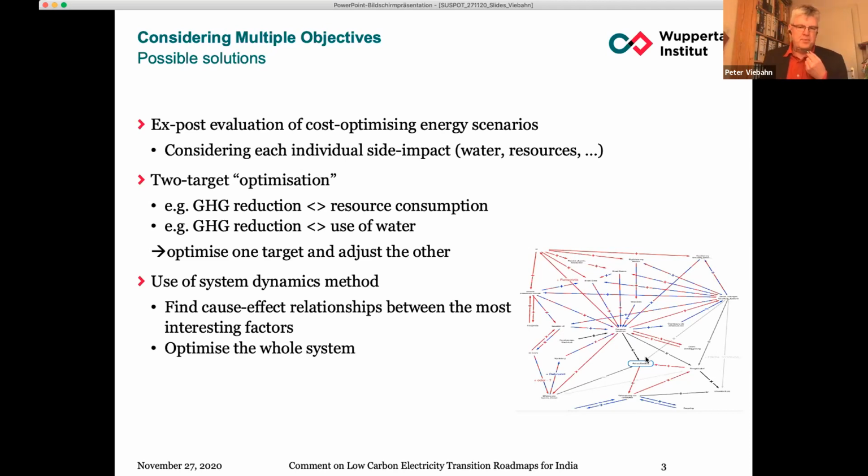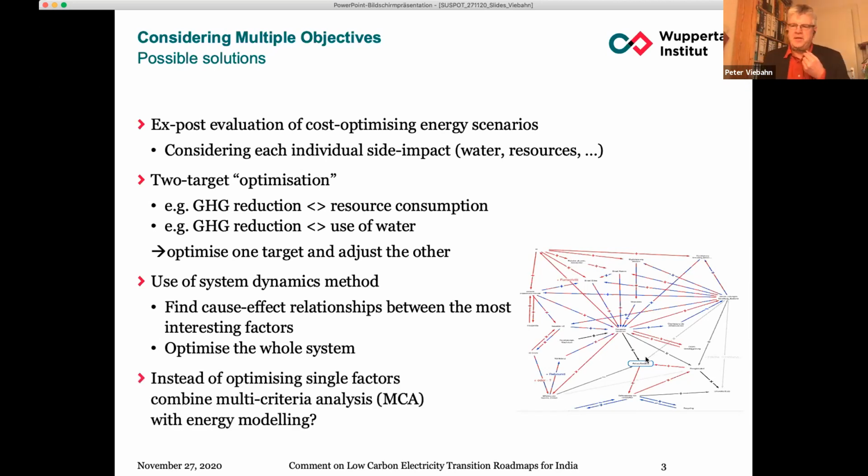So you could try to optimize the whole system, change one factor, change another parameter, and so on, play around with such a system. Or another idea, which I will show in the final slide, is that you don't use different models optimizing only one single factor, but maybe combine multi-criteria analysis, MCA, with energy modeling.